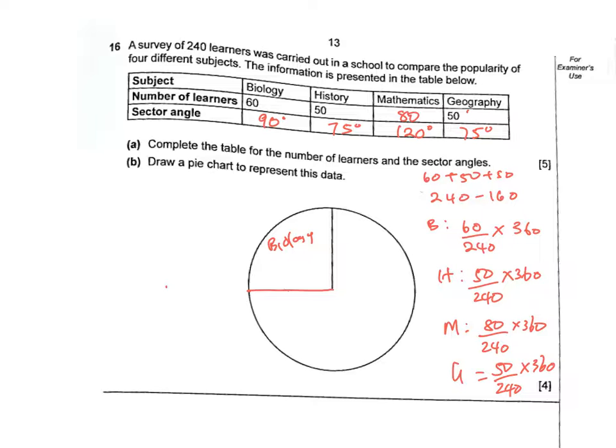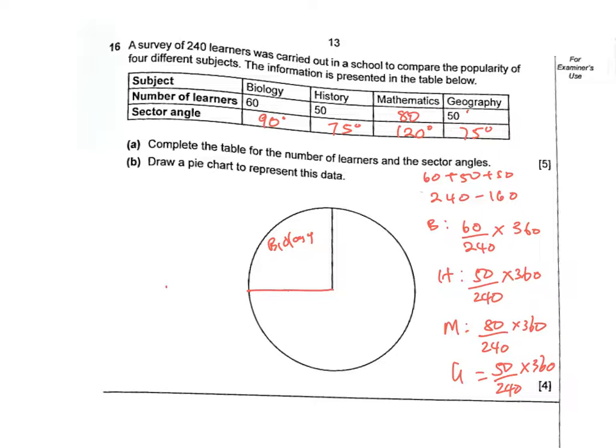Okay. Then the next one, again, you start where you stopped with the 90. So you just measure 75, which is somewhere here. Okay, I'm going to use a different angle.